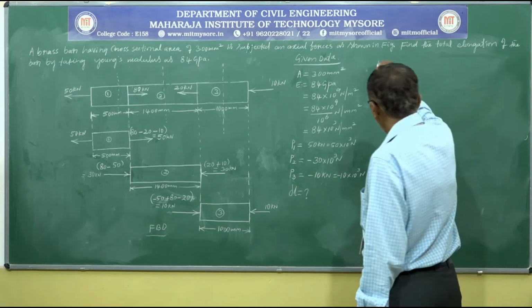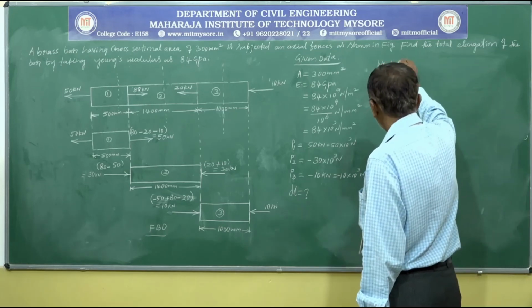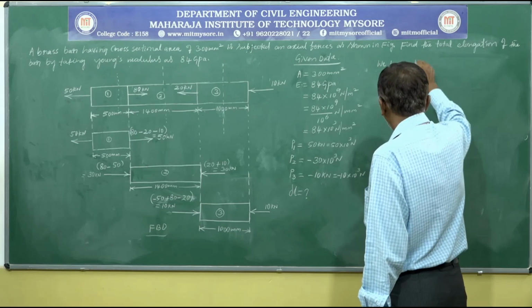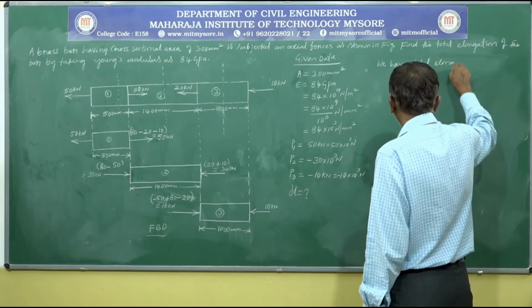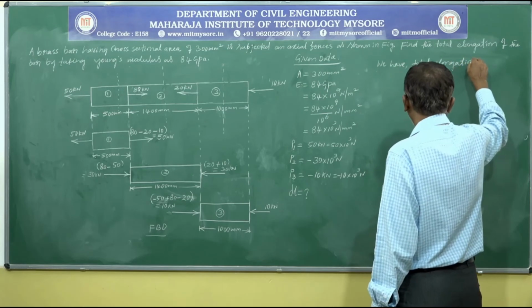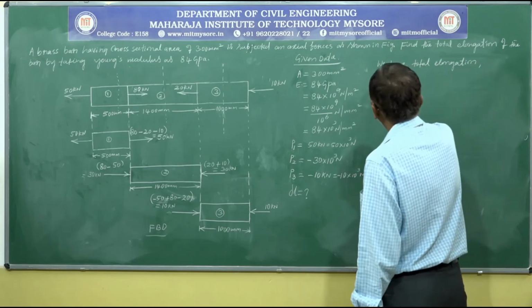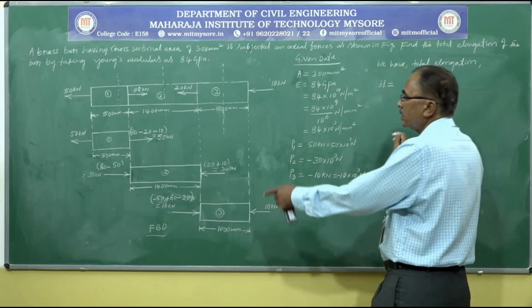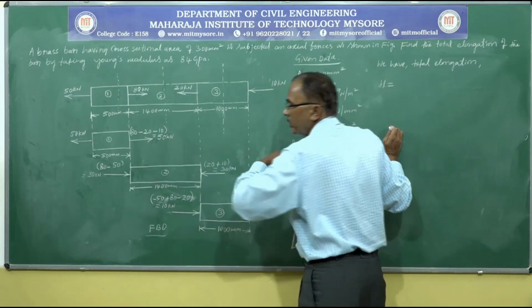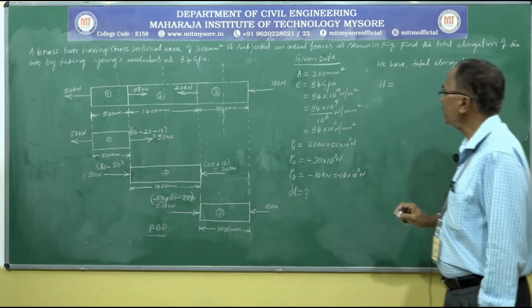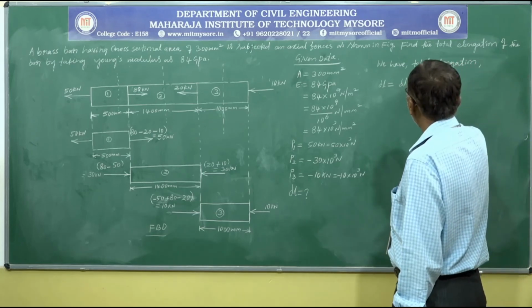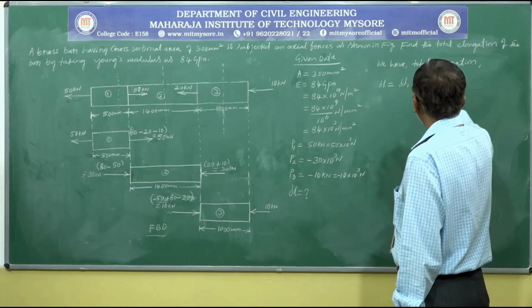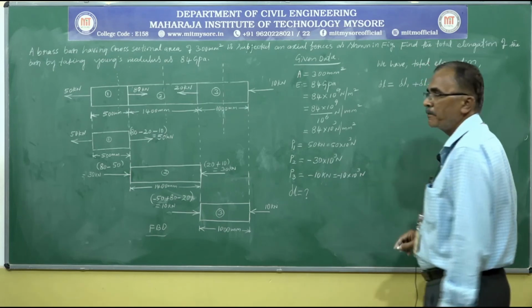Next, we have total elongation, delta L. Since there are three portions here, we can write the expression in three terms. Delta L is equal to delta L1 plus delta L2 plus delta L3.